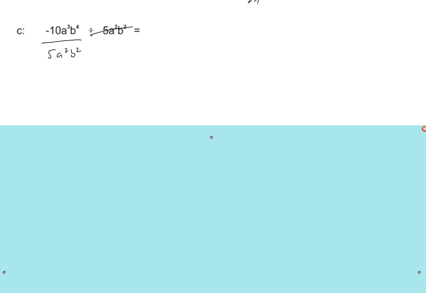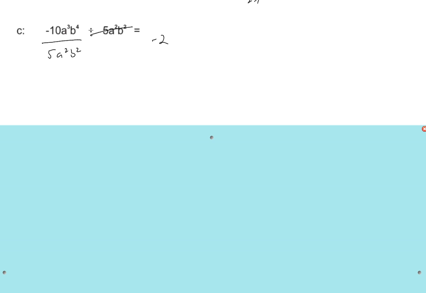And the number part is going to be a negative 2, right? Because you just got done telling me it's going to be negative. I hope we can all do negative 10 divided by 5. That one divides in evenly, so we don't have a number on the bottom, right? We just did 10 divided by 5. What's a cubed divided by a squared?